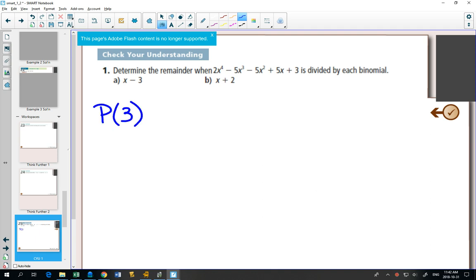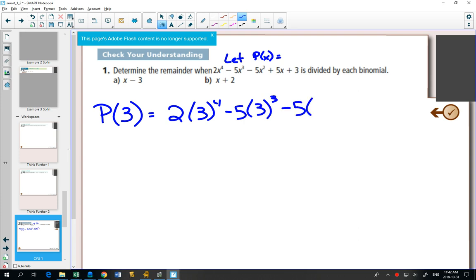So if I let p of x equal this, so I have to define p of x so that I can use this notation, then p of 3 would equal 2 times 3 to the 4 minus 5 times 3 cubed minus 5 times 3 squared plus 5 times 3 plus 3.